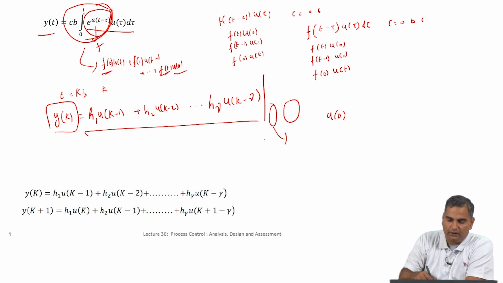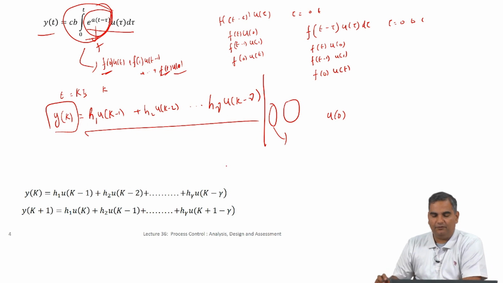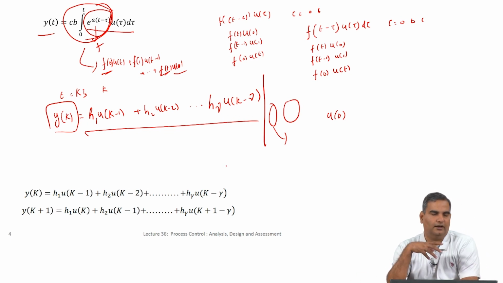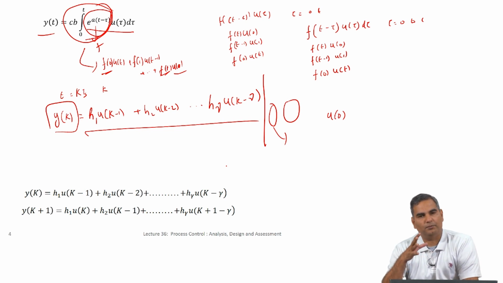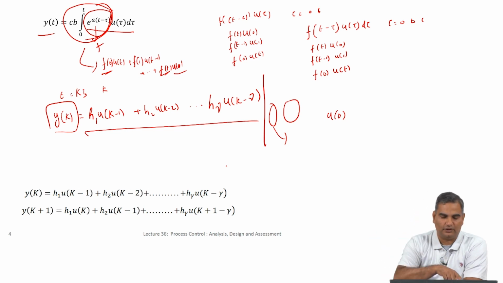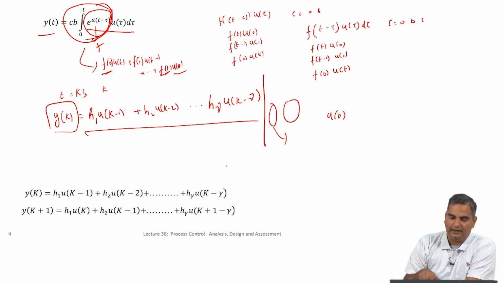So, at some point we are going to cut off this expression, which is to say, look, whatever is the current situation is the linear superposition of everything that has been done in the past, but there is a limited memory in the system. So, beyond a certain limit, whatever was done in the past does not affect the current situation. So, that is the idea of cutting this at gamma.